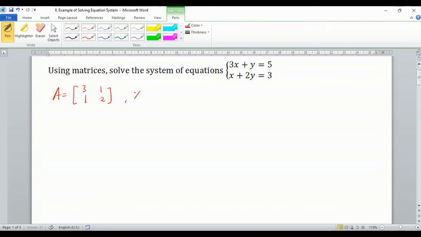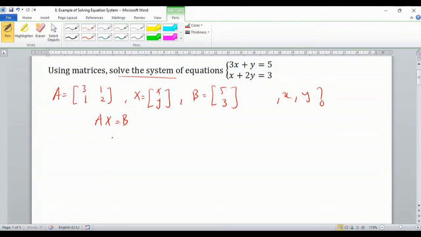Then we have matrix X, which is x, y, and matrix B, which is equal to 5, 3. You need to solve the system, meaning you want to find x and y, right? So from here, we can see from the position that it is AX equal B.